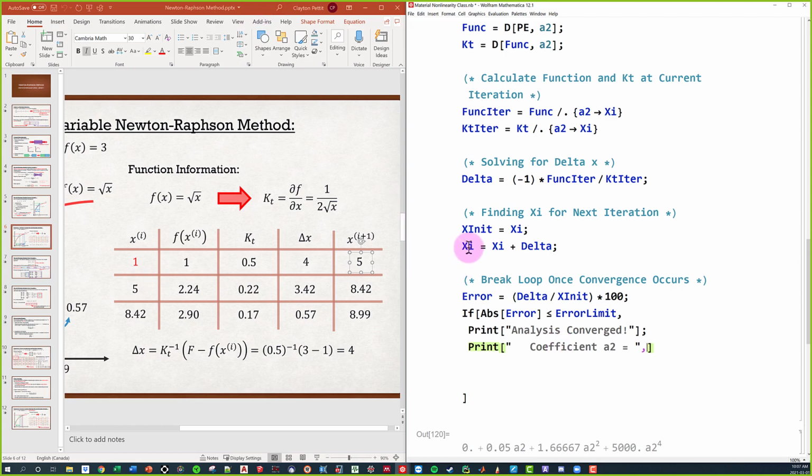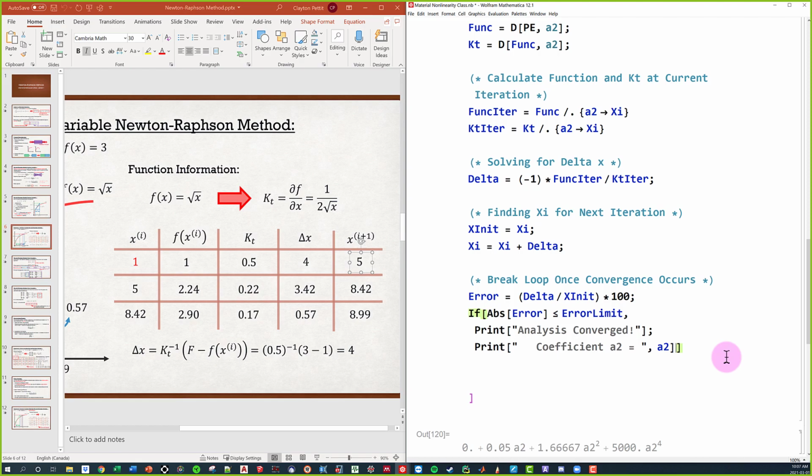It's going to be equal to xi. Xi is what we're iterating through. We're trying to iterate through xi, which is basically A2, until we achieve our value. So if our analysis has converged, then our value is actually equal to A2. Nice and simple. Make sense to you guys? All right, I guess this would be xi. That doesn't make sense, but this makes sense. If our analysis has converged, it means that A2 is equal to xi.